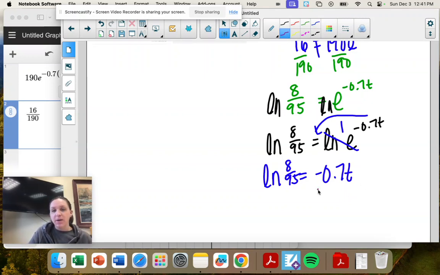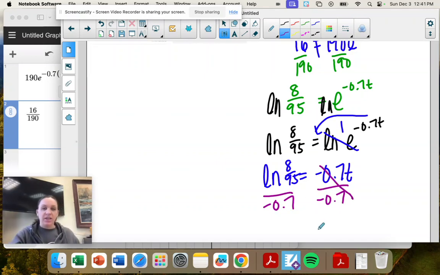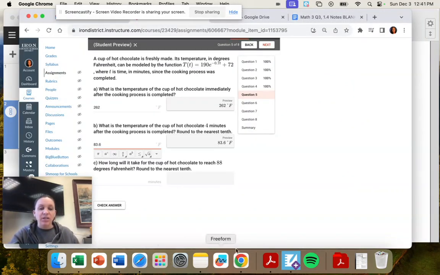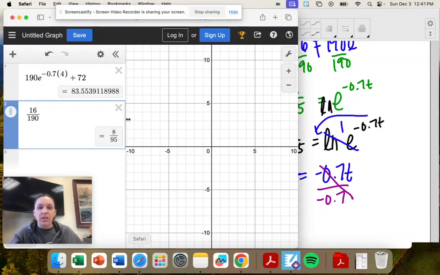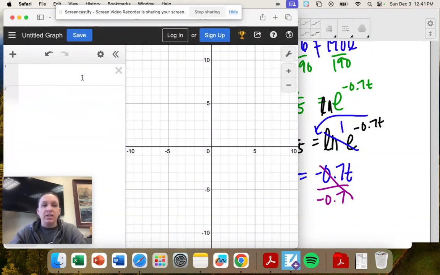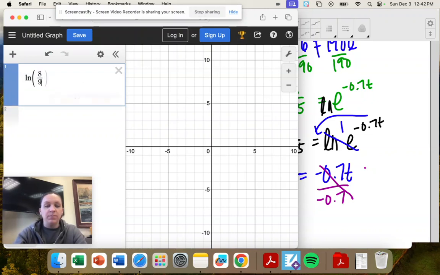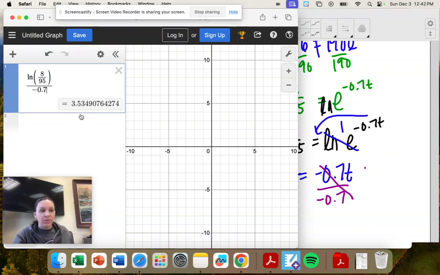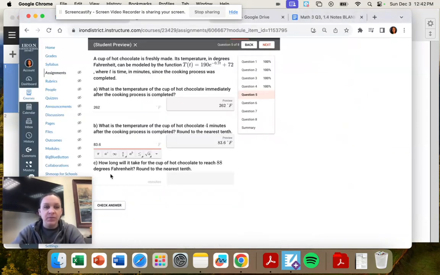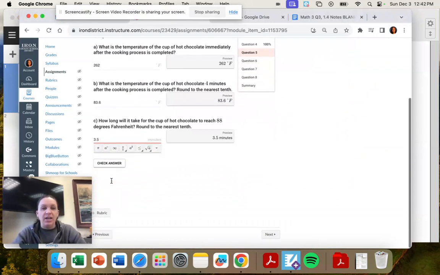Last step to get t by itself, you divide by that negative 0.7 and put this in the calculator, and that's t. And we're rounding to the nearest tenth. So I'm just going to delete this. I have natural log of 8/95 divided by negative 0.7. So 3.5 minutes to get down to 88 degrees.